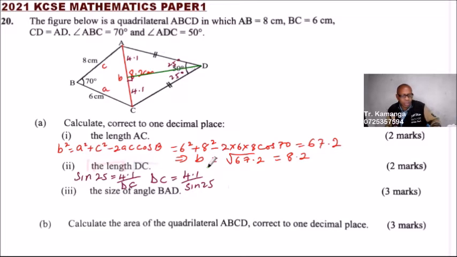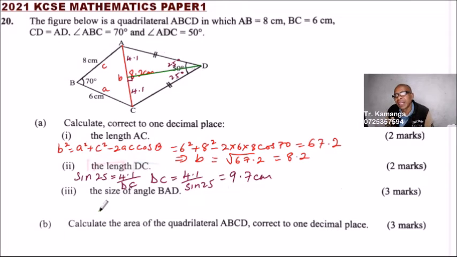Using your calculator, I'm getting 9.7014, and we are told to work to 1 decimal place, so it is 9.7 centimeters. You'll be able to get 2 marks there.